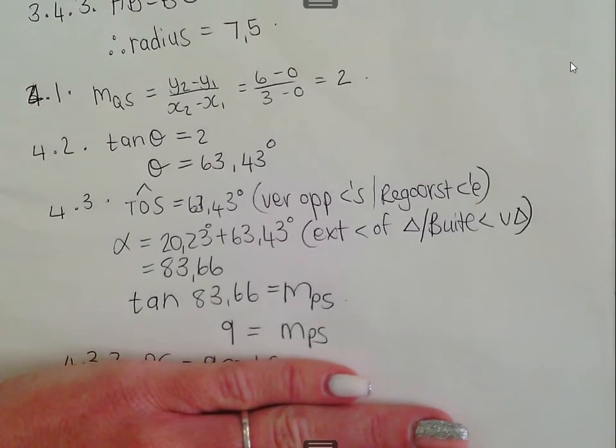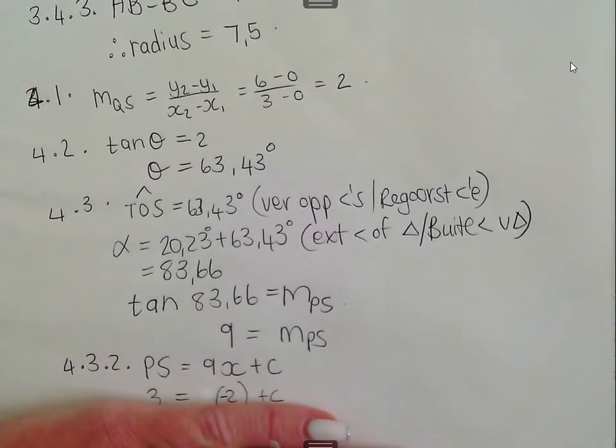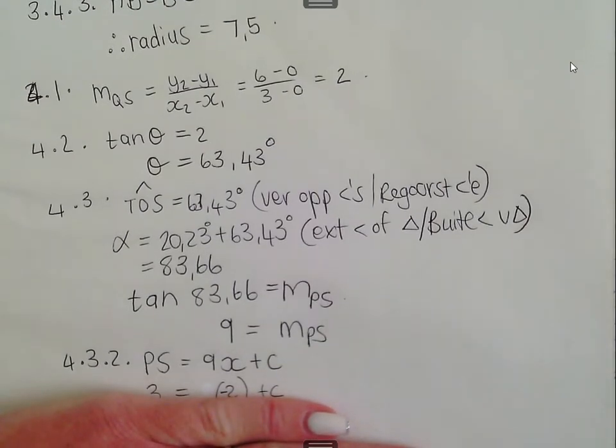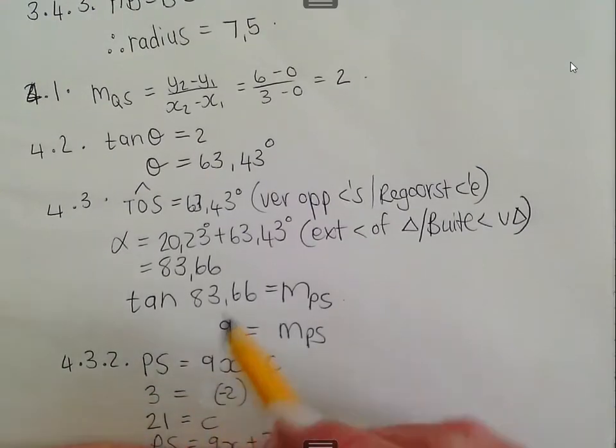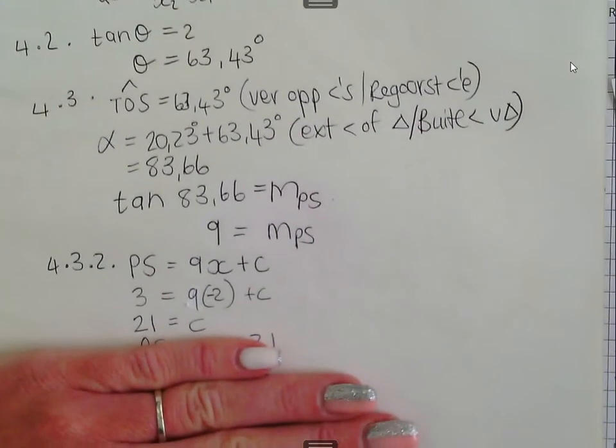Do you all understand? Okay. Next up, we had to find the equation of PS. So I put 9 into the place of gradient, and I substituted P's coordinate, because I had P's coordinate, into the place of x and into the place of y, and then I found c to be 21.